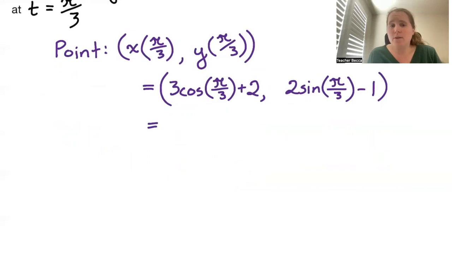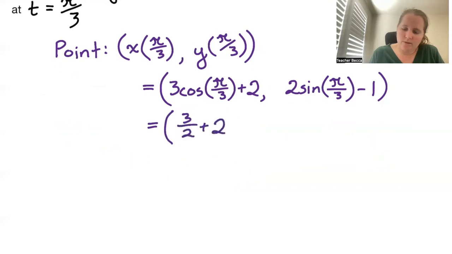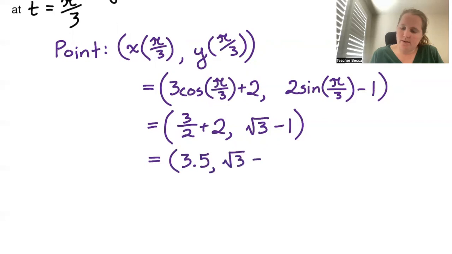Cosine of pi over 3 is 1/2. So we have 3/2 plus 2, comma, sine of pi over 3 is root 3 over 2. So we just have 2 times root 3 over 2, or root 3 minus 1. And so we wind up with 3.5, comma, root 3 minus 1 as our point.